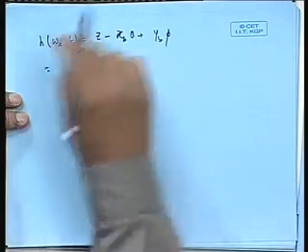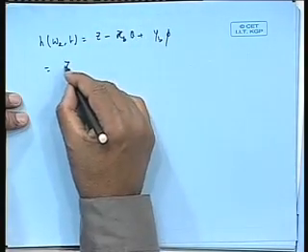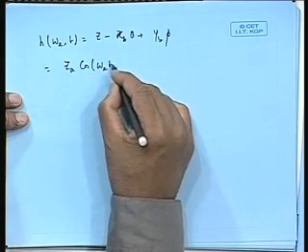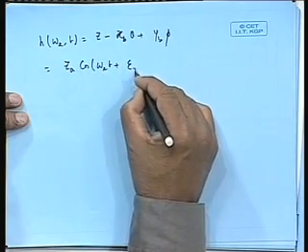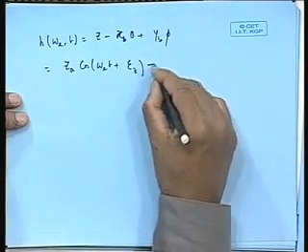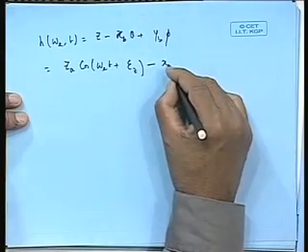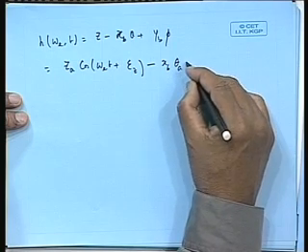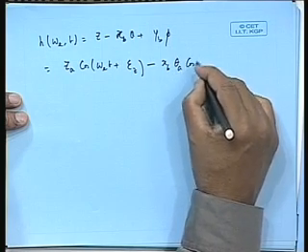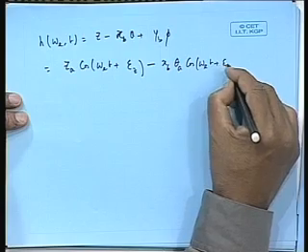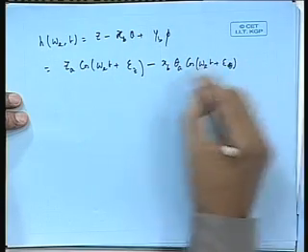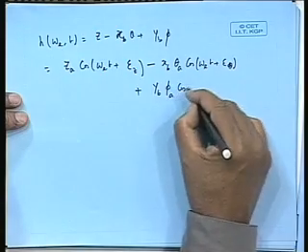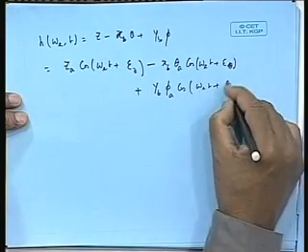Now I am writing all this in combined form. z was za cos(omega e t plus epsilon z), theta was theta a cos(omega e t plus epsilon theta), and phi was phi a cos(omega e t plus epsilon phi).